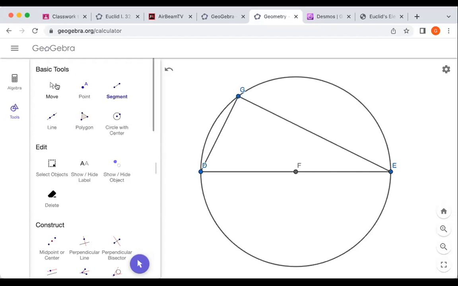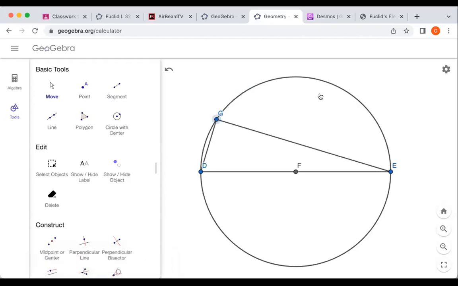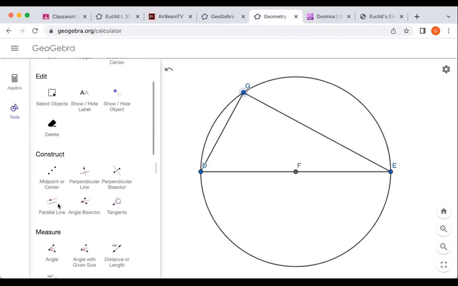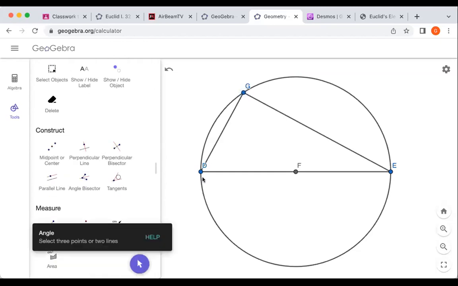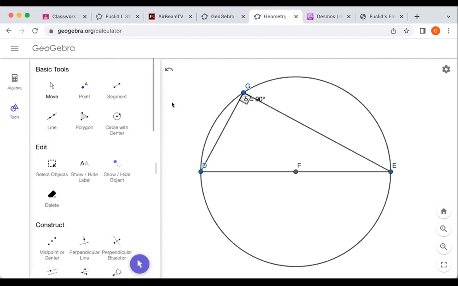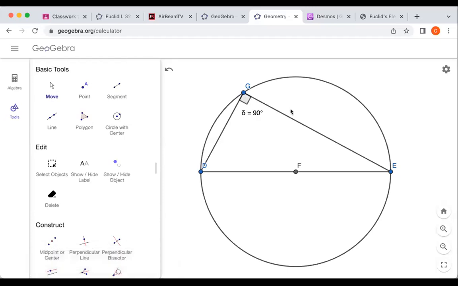And I get a triangle. And I can move point G around. Now, if I measure, I'm just going to measure the angle G. That was lucky. I somehow managed to get that angle to be a perfect 90-degree angle.